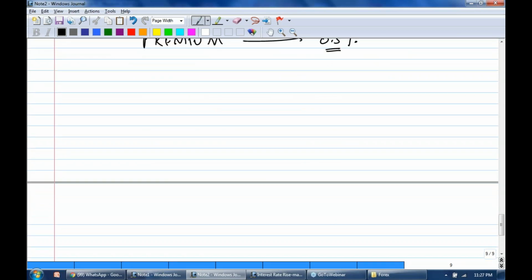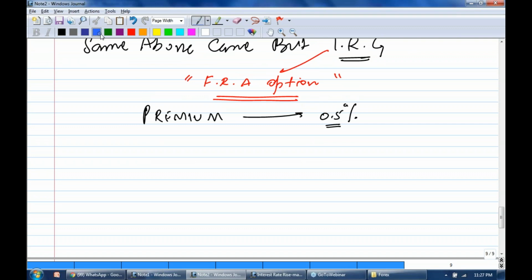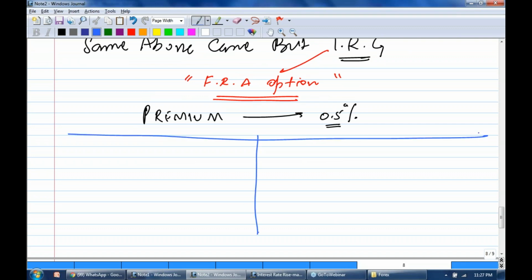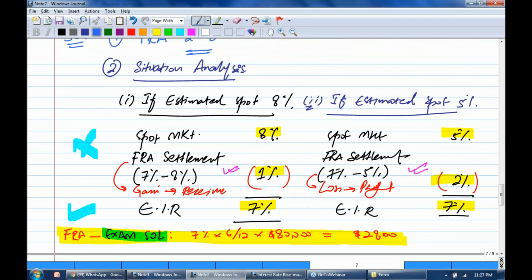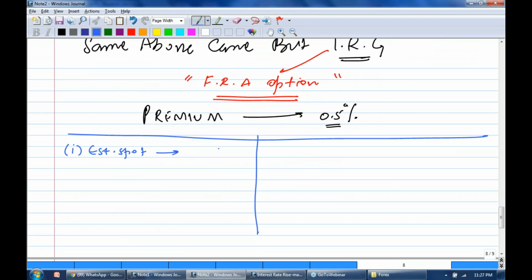So what will be the case, candidates, if you attempt this one? Situation 1: estimated spot becomes 8%.